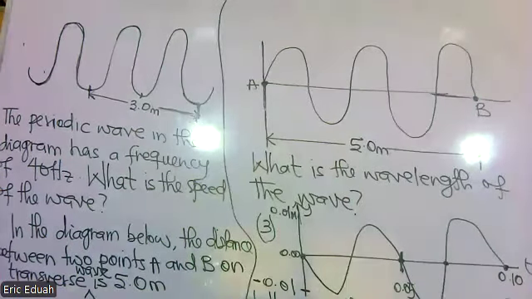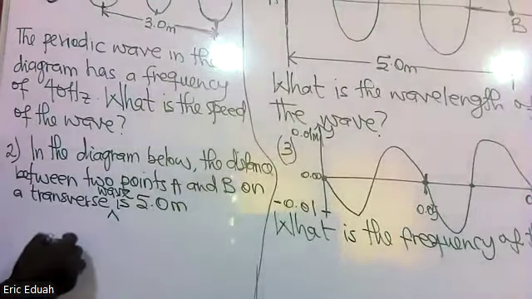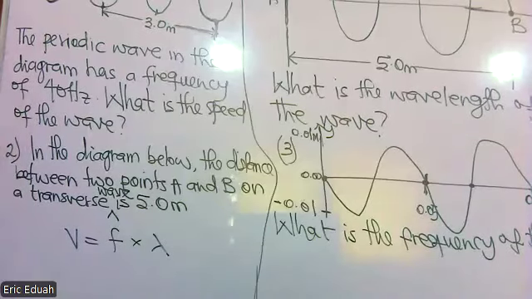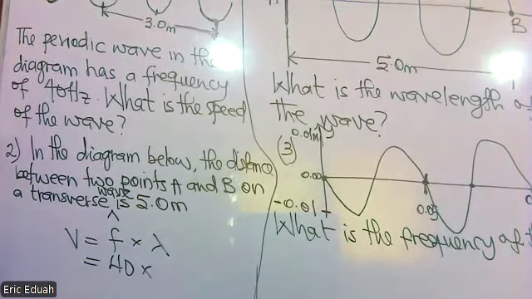The first one will be 120, as some of you had. And this time, this will be 60. Let's go through it for the sake of time so that you can answer questions 2 and 3. We are looking for the speed. Speed is f lambda. f we are told is 40. Lambda is what we are looking for.